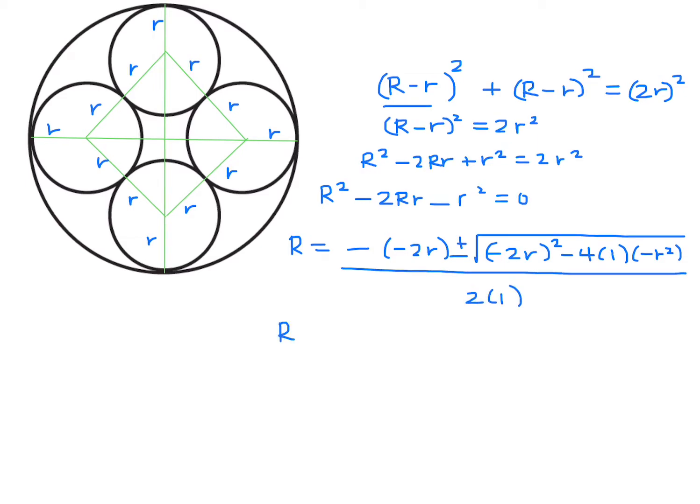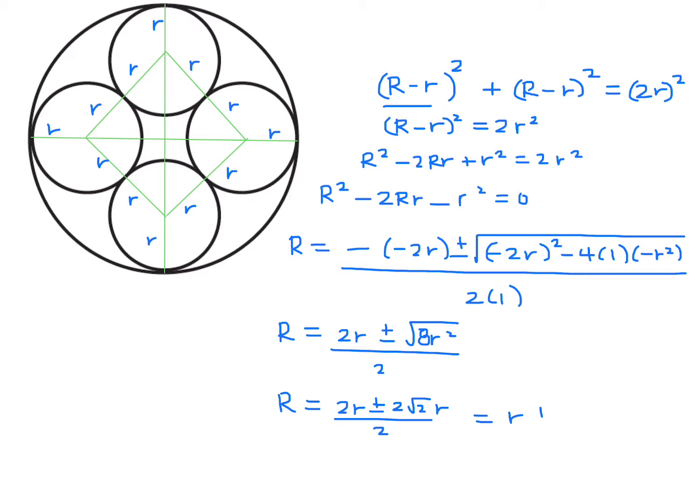And that is equal to R. So simplifying, this becomes 2r plus or minus the square root of 4r squared plus 4r squared, so 8r squared, all over 2. That means this is going to be 2r plus or minus 2 root 2 r, all over 2, and that is r plus or minus root 2 r. I can further factor out the r and just get 1 plus root 2.